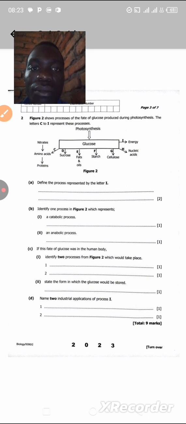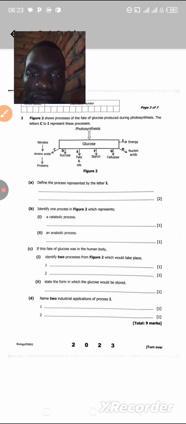But also process E, fats and oils, can take place. Starch and cellulose are in plants. Also H can take place even in animals.